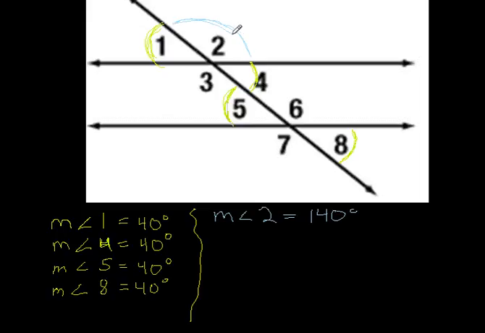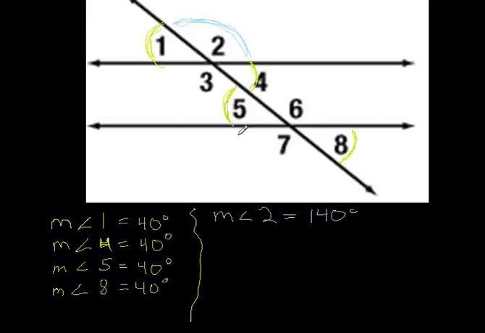And you know that a straight line cut by a transversal creates a pair of angles that are supplementary to each other, meaning they equal 180 degrees. So a straight line is 180.